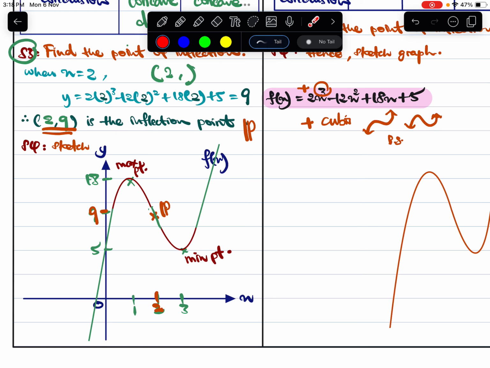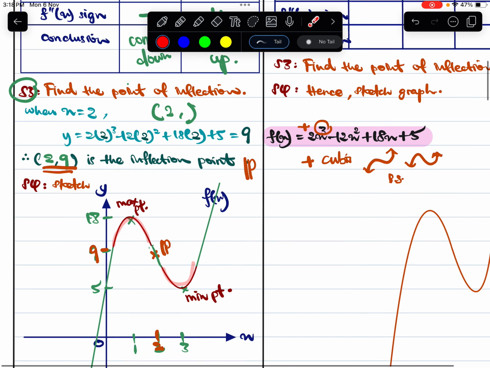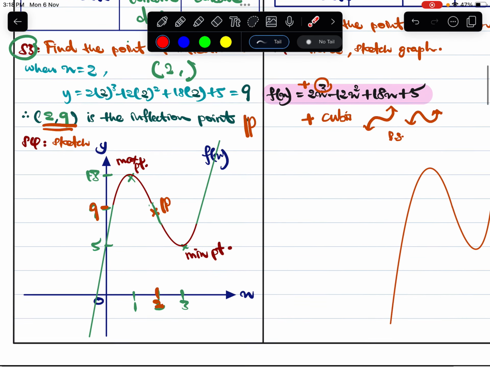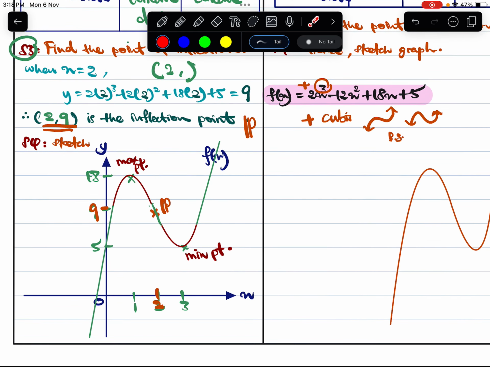As long as you know the inflection point, find your IP first, and then know your max and the min, and you can double check it from your table. This is concave down, this is concave up, between the point (2, 9), and you are good to go. This is your graph. You have no problem at all.